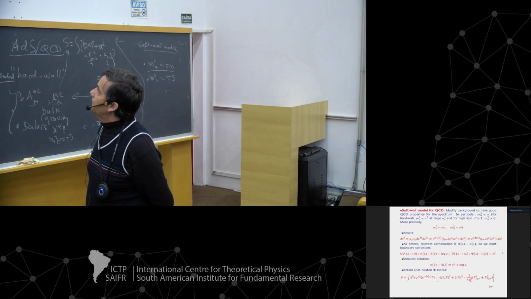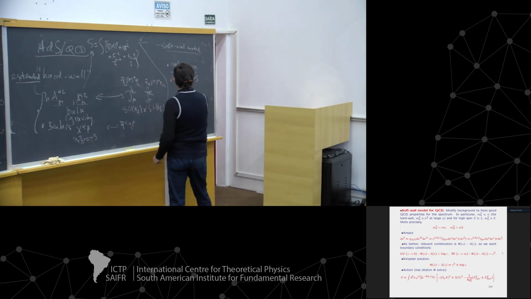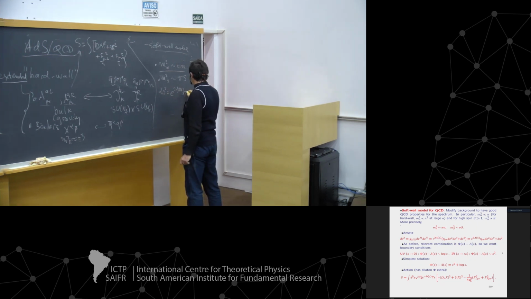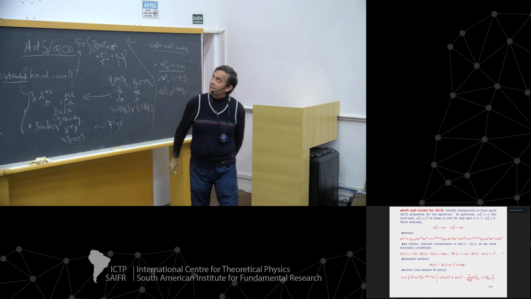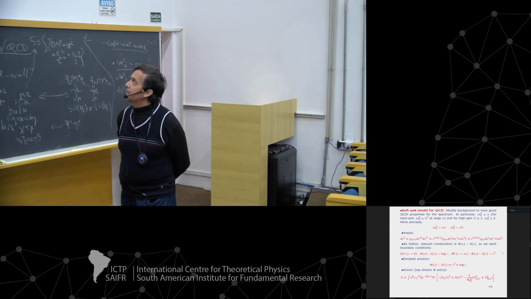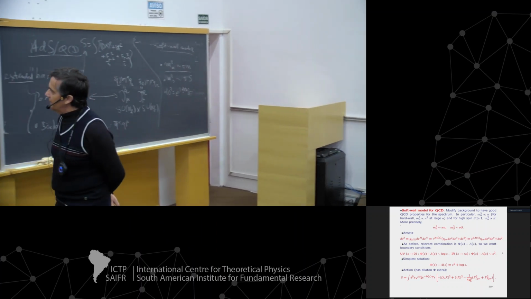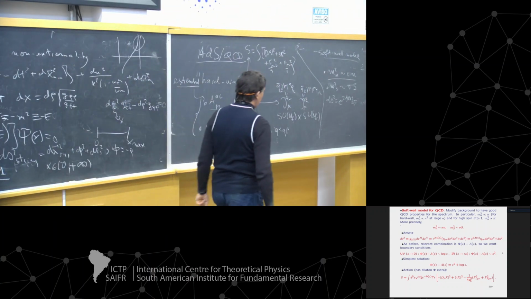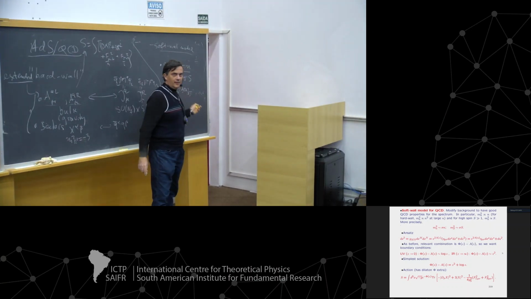And the ansatz is to write a warp factor e to the 2A of u, dx squared plus du squared. But the non-trivial thing, in the hard wall model, we would have just AdS, so the warp factor here would be just 1 over u squared.